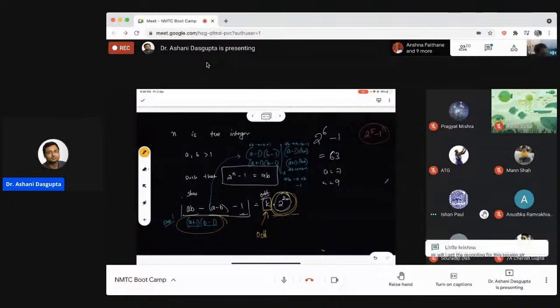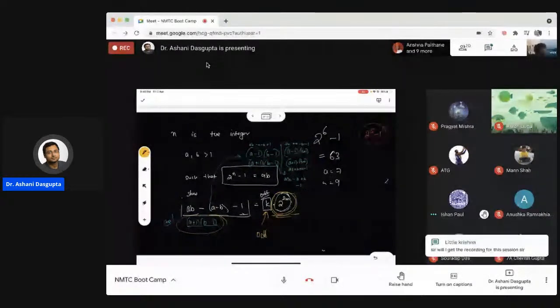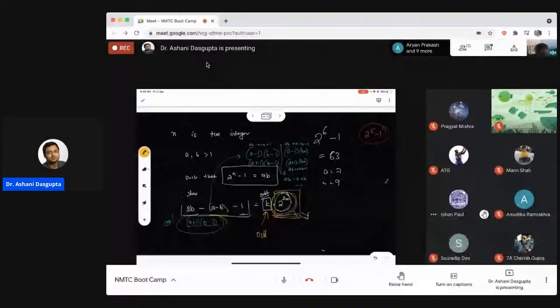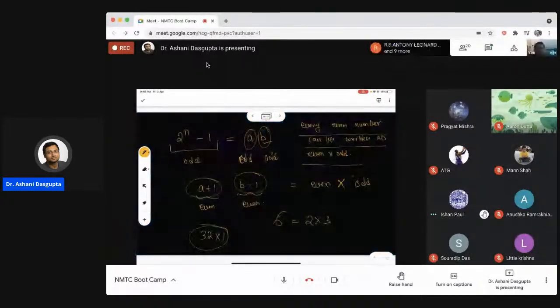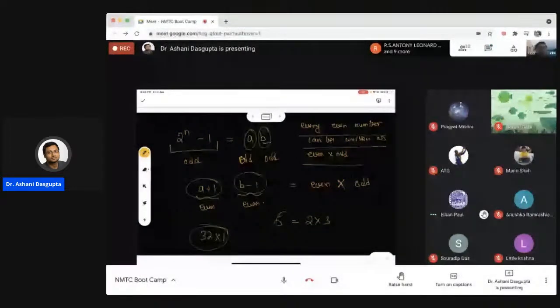So how do we get an even power of 2? Yes, how do we get an even power of 2? So how can we be assured that A plus 1 times B minus 1 has an even number of 2's? That's the question.